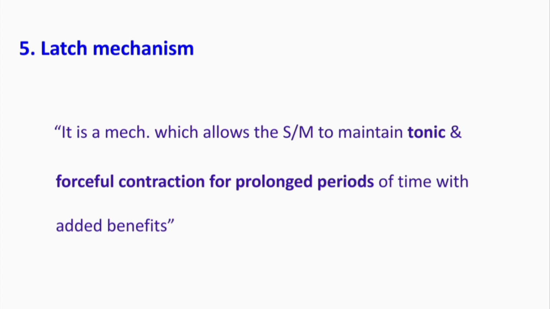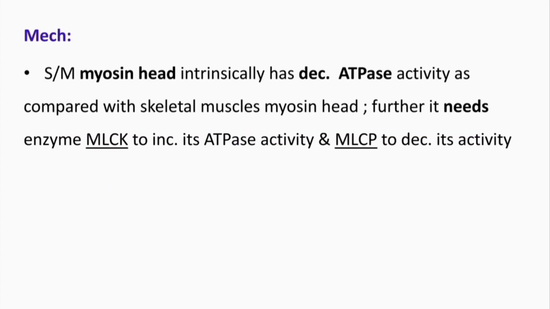It is a mechanism which allows the smooth muscle to maintain tonic and forceful contraction for prolonged periods of time with added benefits. Actually, the smooth muscle myosin head has low or decreased ATPase activity, as we have discussed before in this video, as compared to the skeletal muscle myosin head.